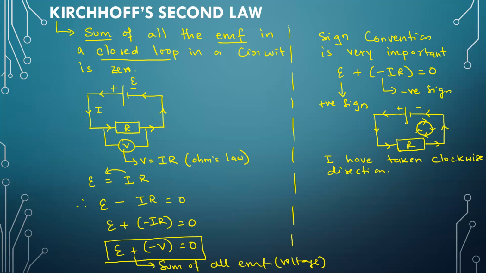Now look at my direction. I am going this way for the cell, so it's as if I am moving from the positive terminal to the negative terminal. In that case, my EMF is positive.